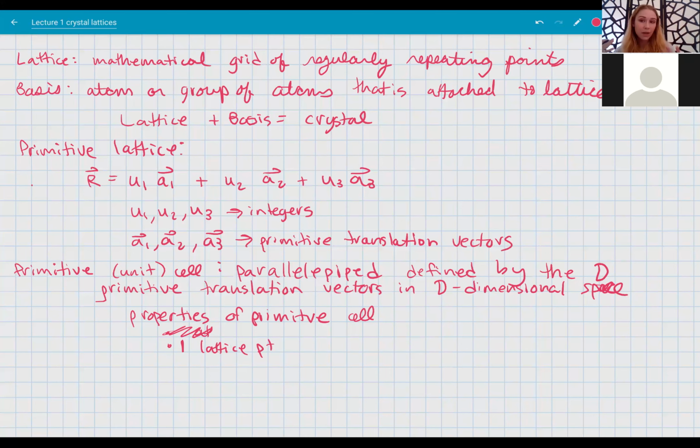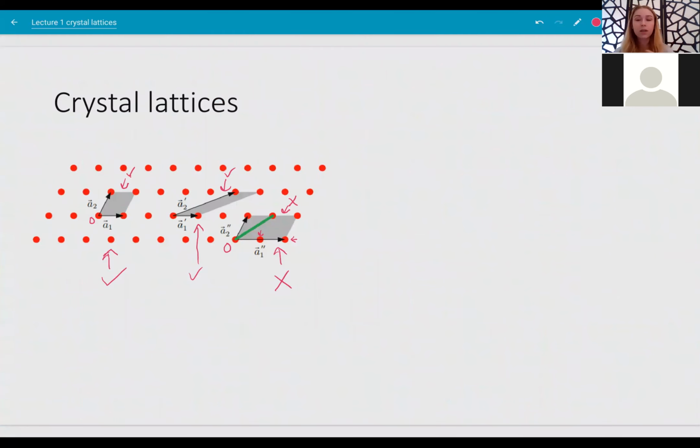All right, so one caveat of this statement is that depending on how you construct your primitive cell, you might have the one lattice point being shared amongst adjacent primitive cells. Specifically, if we just look at this parallelogram right here, the first one, you can see that each of the red circles is shared by four adjacent parallelograms.